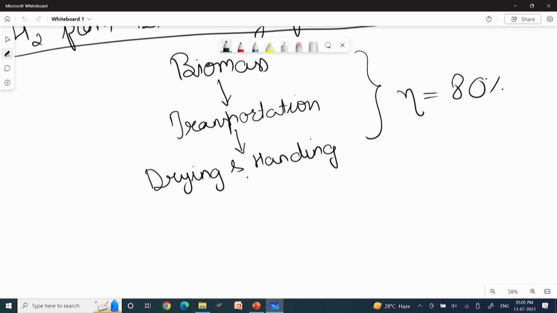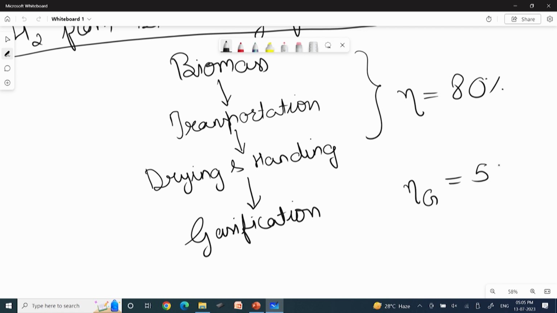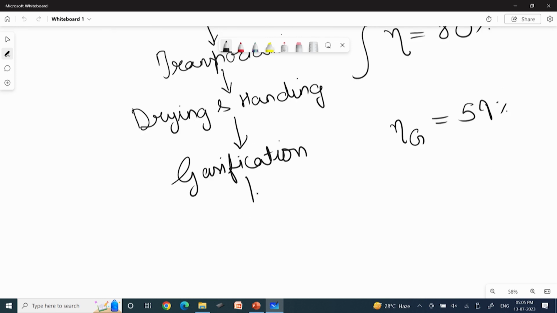Then we would have gasification taking place. Now this gasification could happen with different oxidizing agents. So typically what is being proposed is the oxy-steam gasification, where you are giving in oxygen and steam as the oxidizing agent, and the typical efficiency of that process could be assumed to be around 59%. Further, the hydrogen that is produced in the gasification would have to be compressed.